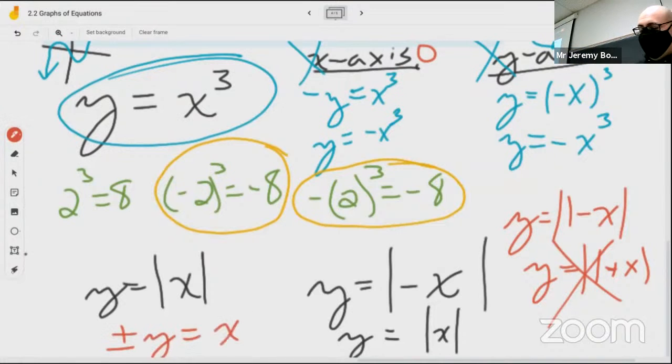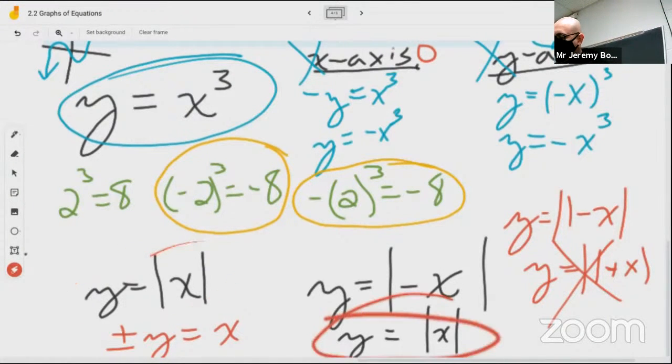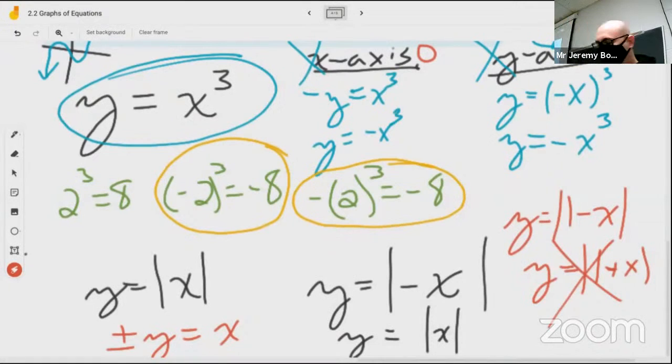I mean, you could write it like that, but I feel like that's more confusing than writing it like that. Because remember, the plus or minus goes on the side opposite the absolute value. So it wouldn't be on the x, it would be on the y. But I mean, it's equivalent. It's just a little confusing.